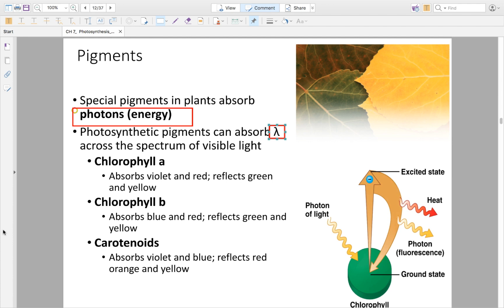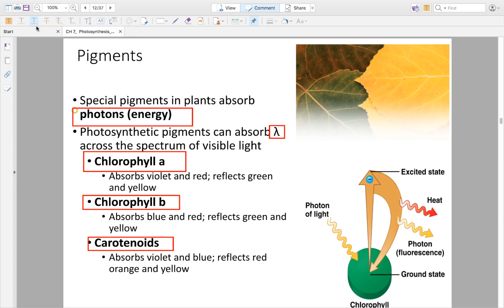So plants have pigments, and we're going to learn 3. There are others, but we're going to learn 3: chlorophyll A, chlorophyll B, and carotenoids. Now this is incredibly significant.